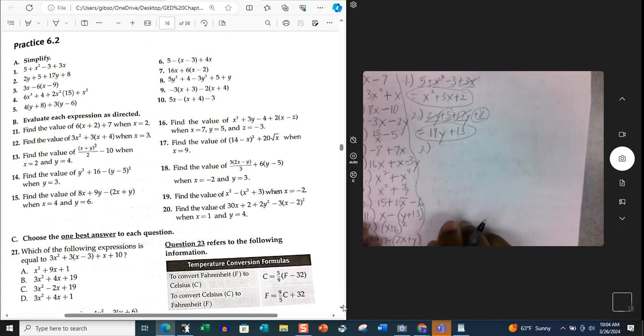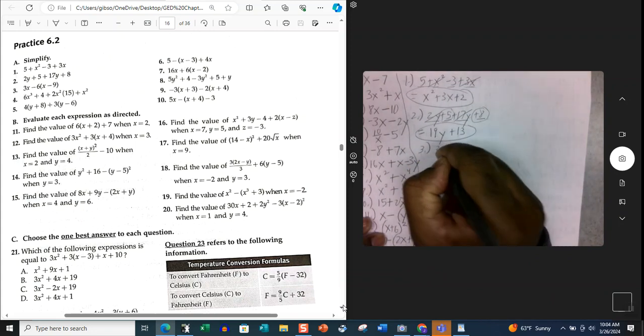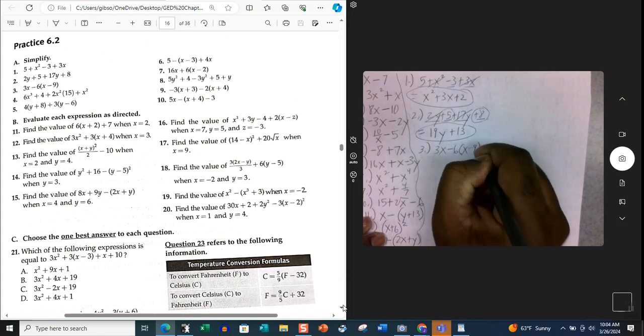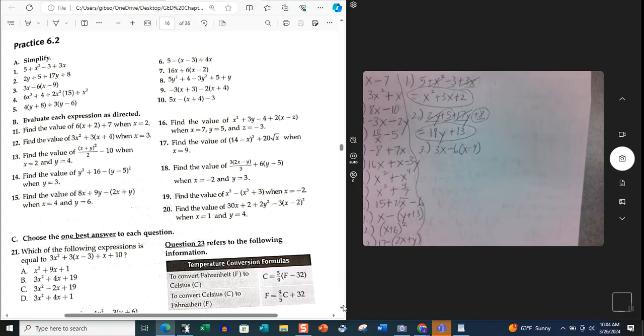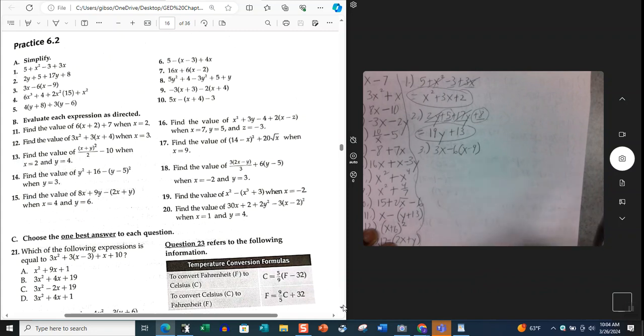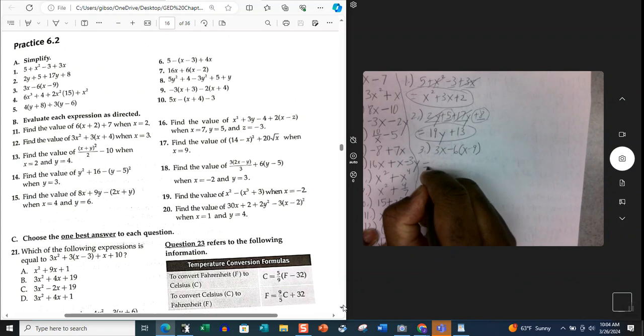Now number 3. We have 3x minus 6 times the parenthesis of x minus 9. Now listen. Before we even get to determining how many terms we have, this negative 6 is multiplied by this parenthesis. So we have to use what is called the distributive property.